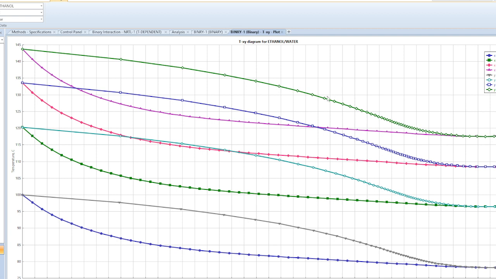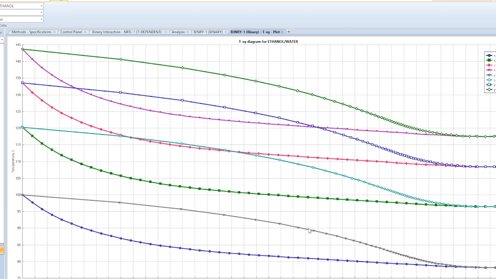the first ones, the dark blue, dark green, pink and violet curves, are the X's, that is the concentration of liquid ethanol.